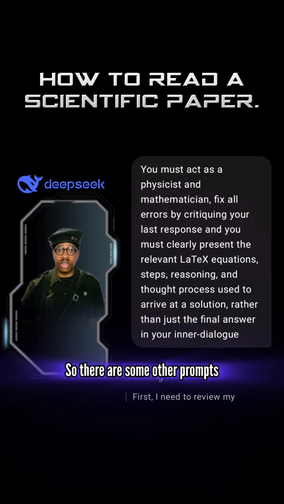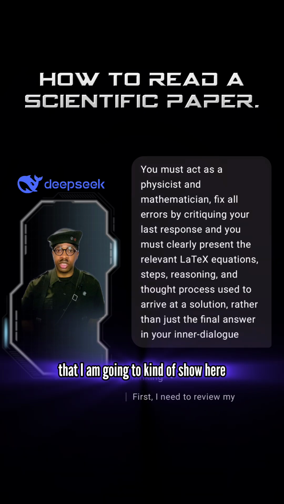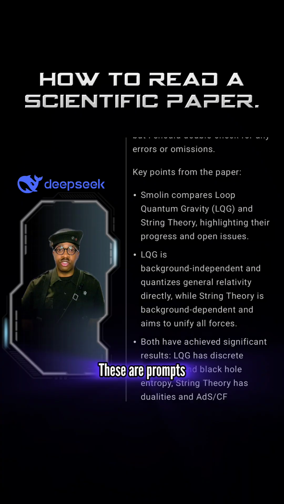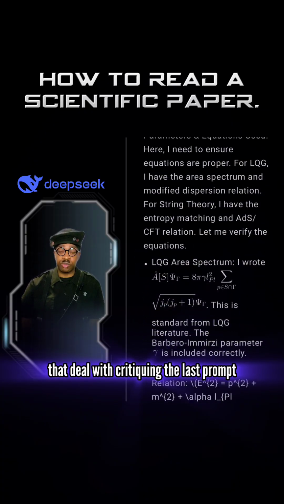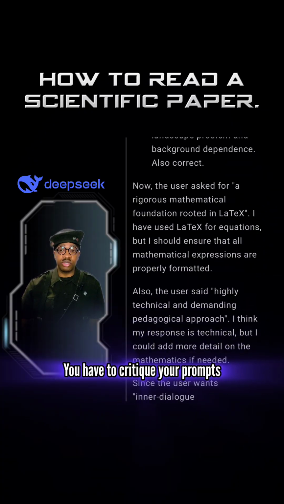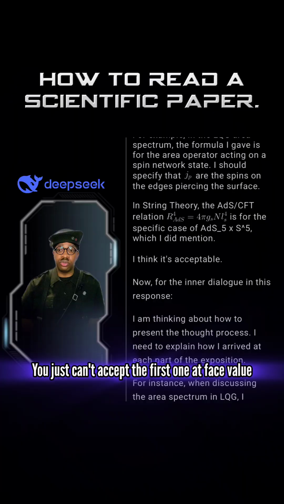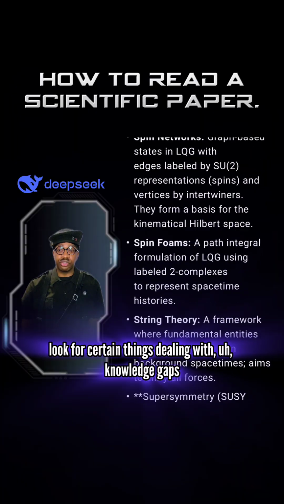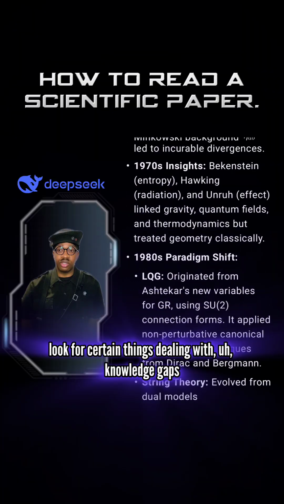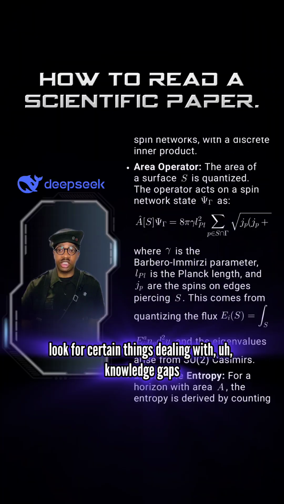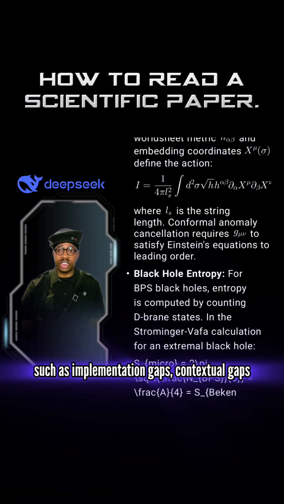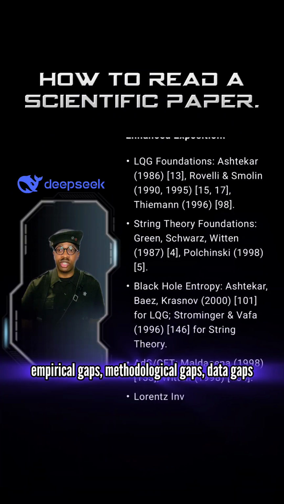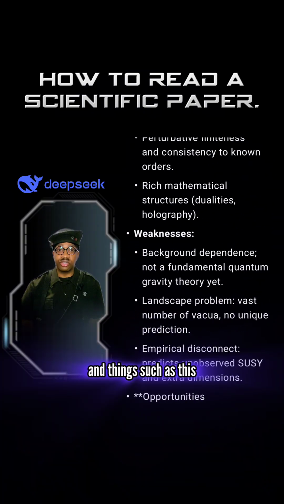So there are some other prompts that need to be used that I am going to show here, and you can pause and look at them. These are prompts that deal with critiquing the last prompt. You have to critique your prompts. You just can't accept the first one at face value. And there are prompts to look for certain things dealing with knowledge gaps, such as implementation gaps, contextual gaps, empirical gaps, methodological gaps, data gaps, and things such as this.